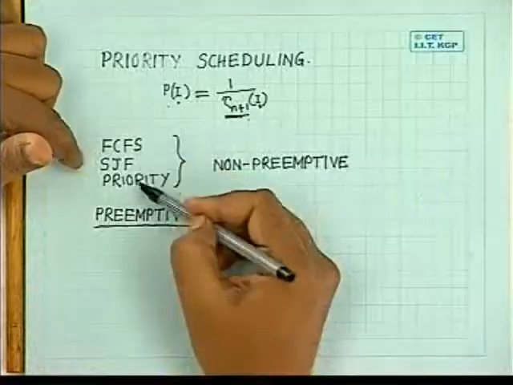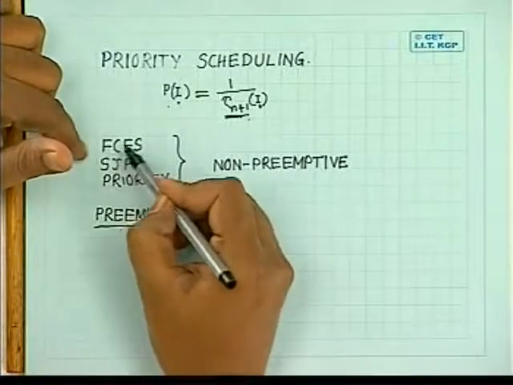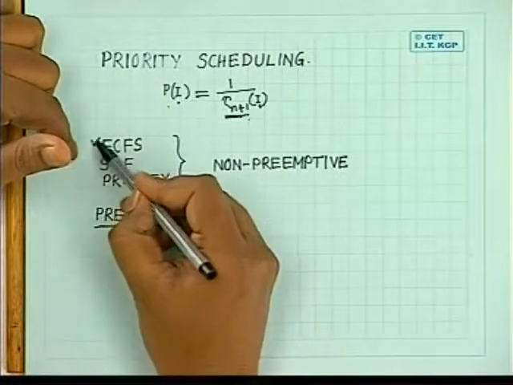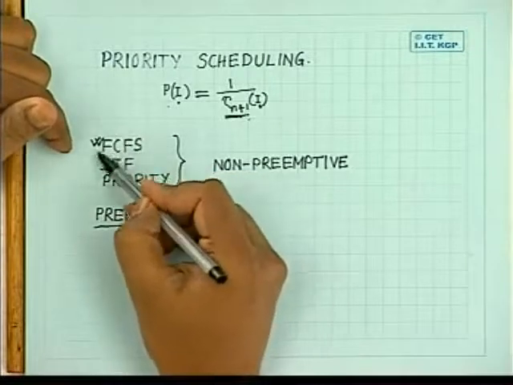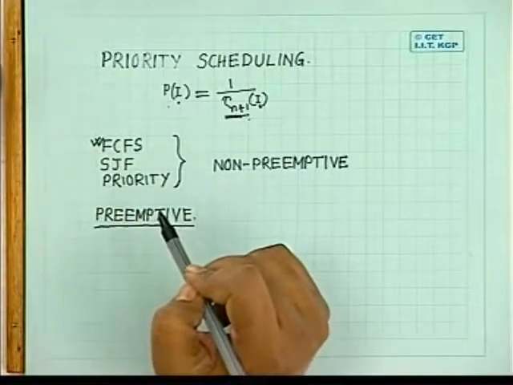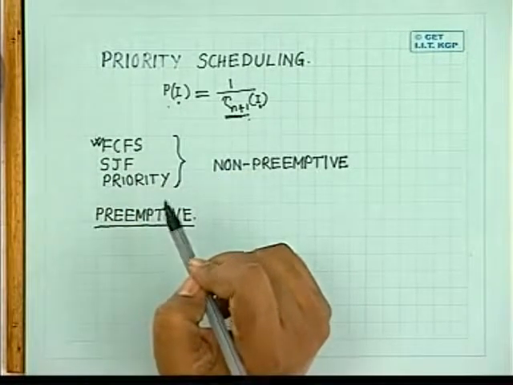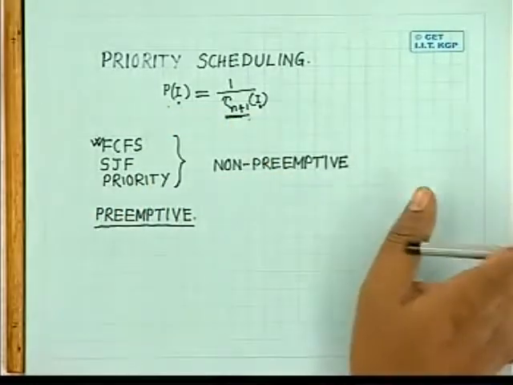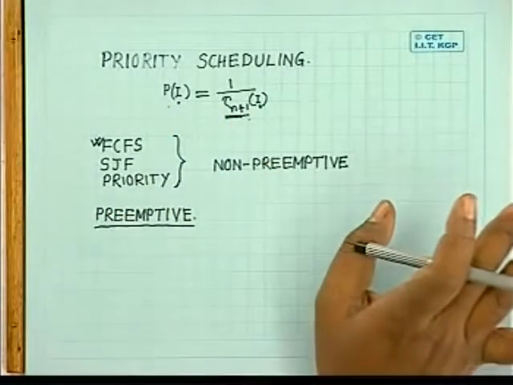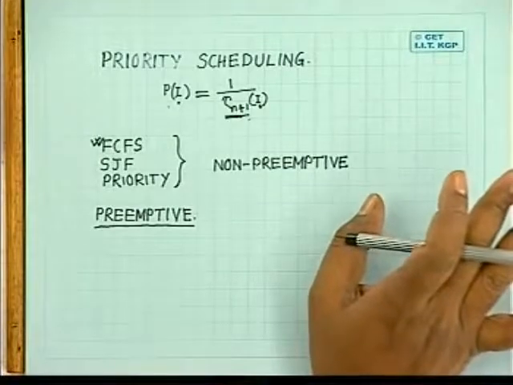Now, if you study these three, you find that out of these, first come first serve, as the name suggests, should not be preemptive, because here I do not have any other priority. The priority is time of arrival. That means the job which has arrived first has to be executed first, and the job which has arrived next has to be executed next.